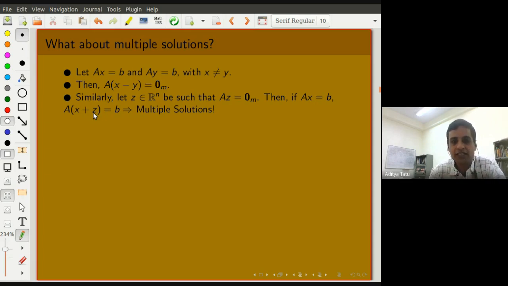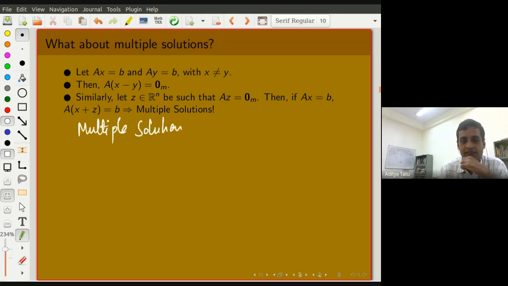So, what can we conclude from these two points? If there are multiple solutions, then what can we say about the vector x minus y?